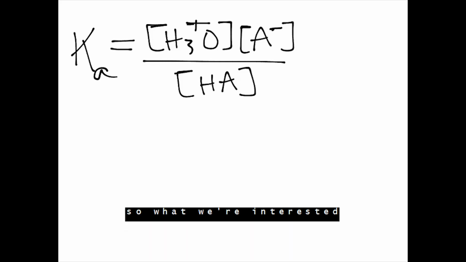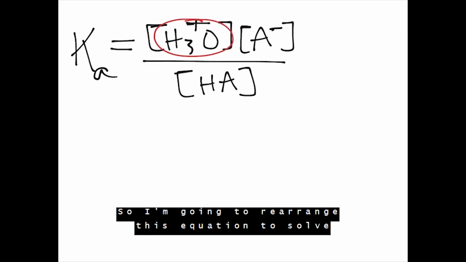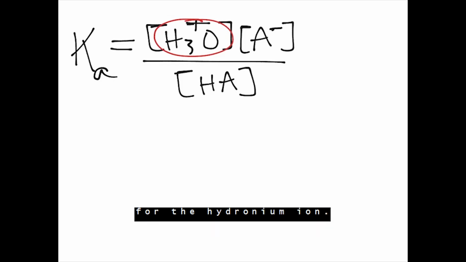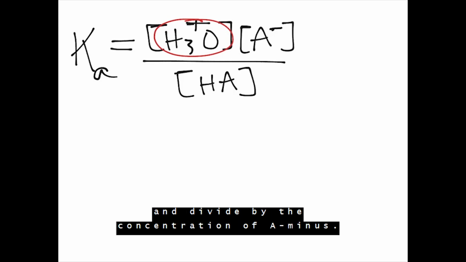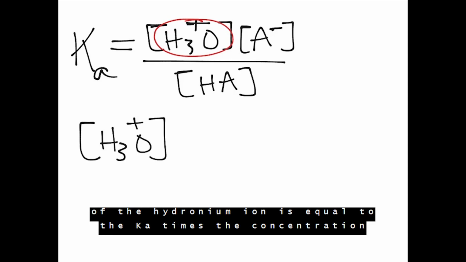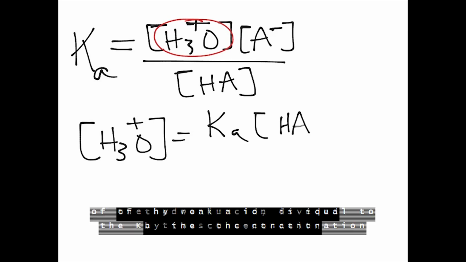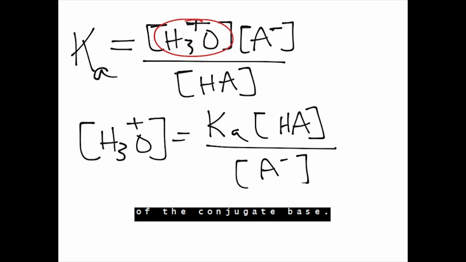We're looking for pH, so what we're interested in is the concentration of hydronium ion. So I'm going to rearrange this equation to solve for the hydronium ion. I multiply both sides by the concentration of HA and divide by the concentration of A minus. I get that the concentration of the hydronium ion is equal to the Ka times the concentration of the weak acid divided by the concentration of the conjugate base.